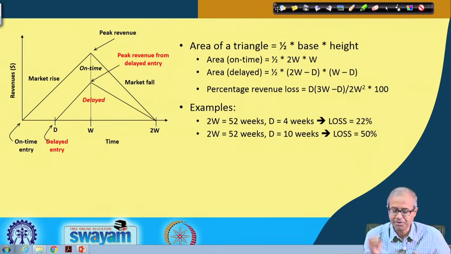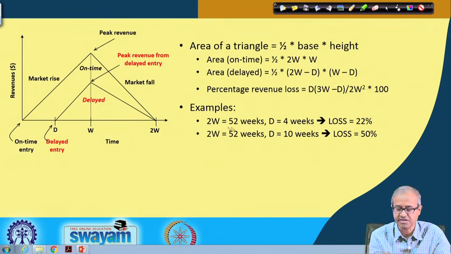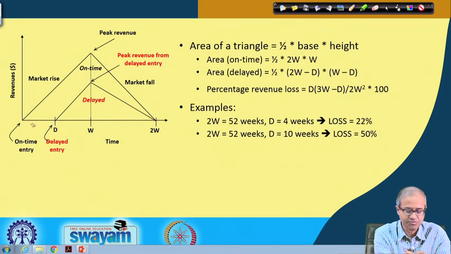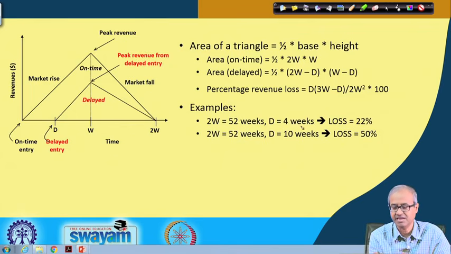Just a simple calculation as an example: suppose your window size is 1 year, that is 52 weeks, and your delay is 4 weeks, let us say you are 1 month delayed. If you substitute these values here, your loss becomes 22%.